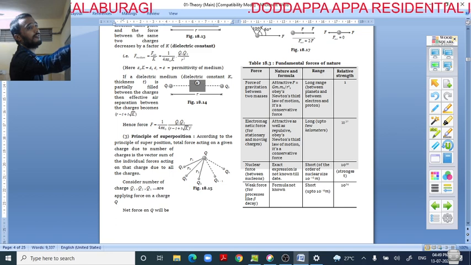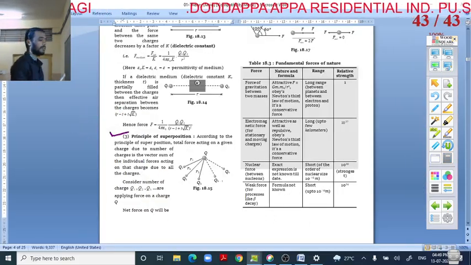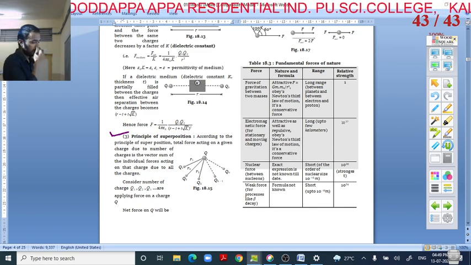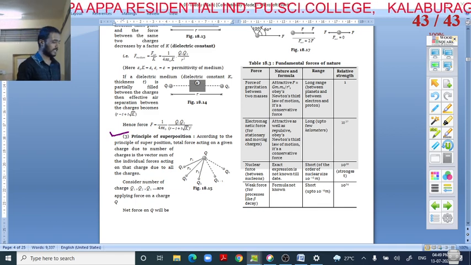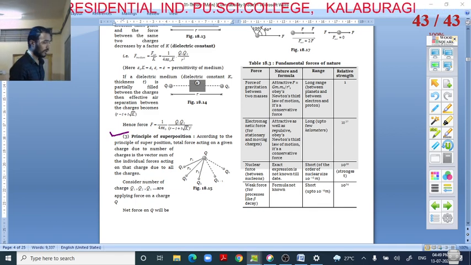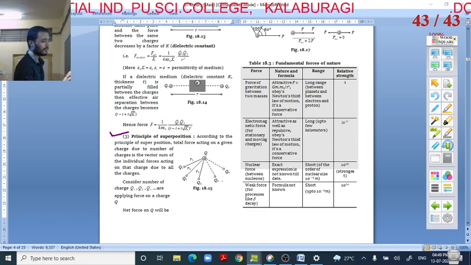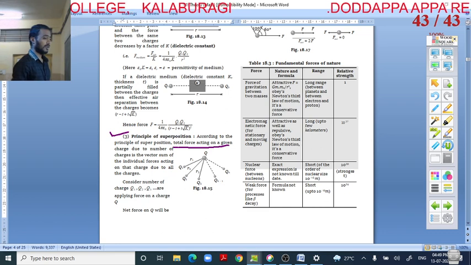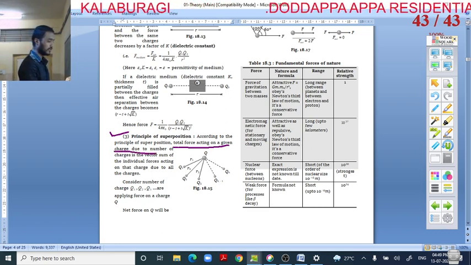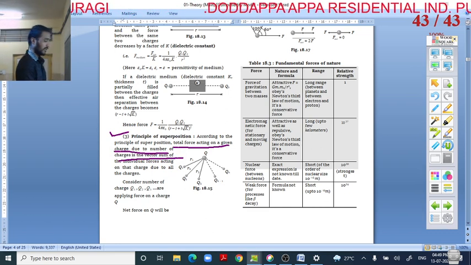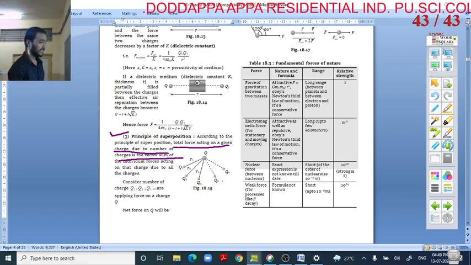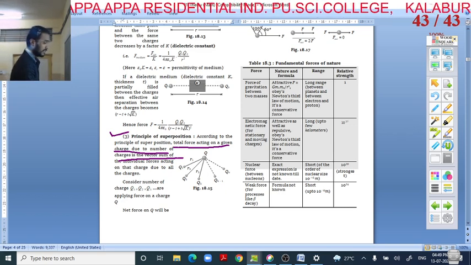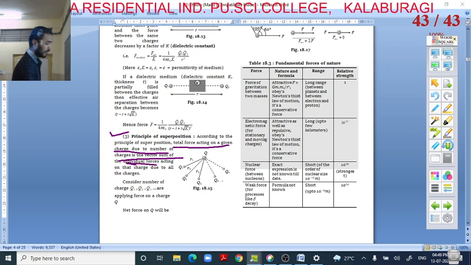Principle of superposition. According to the principle of superposition, the total force acting on a charge due to a number of charges is the vector sum of all the individual forces.